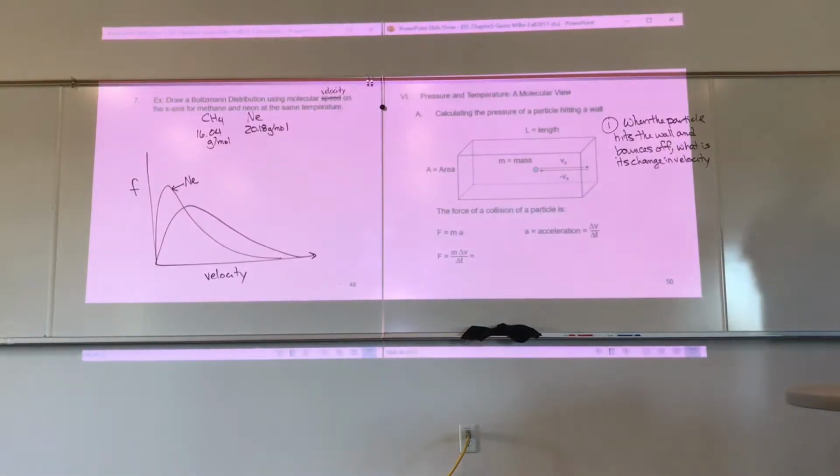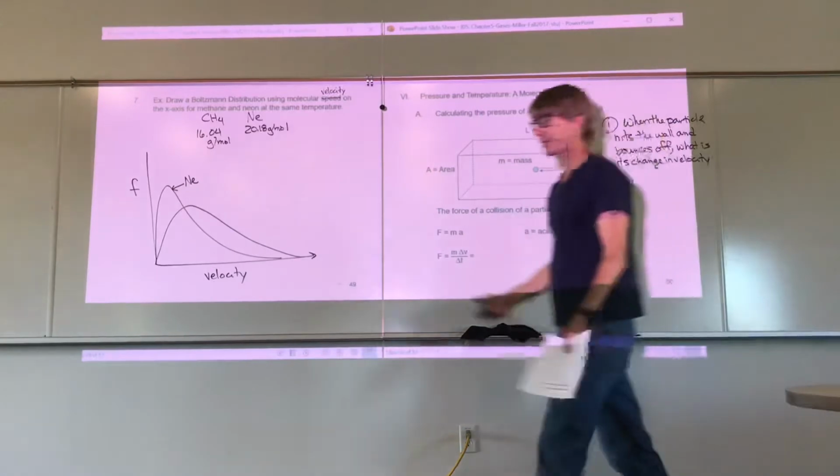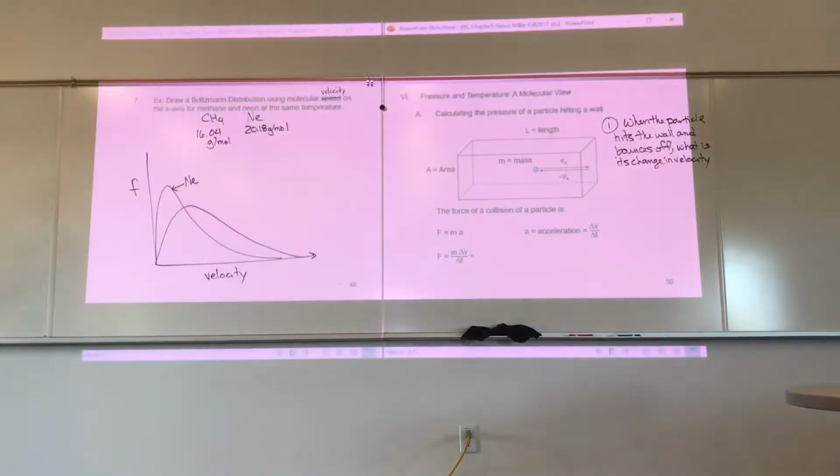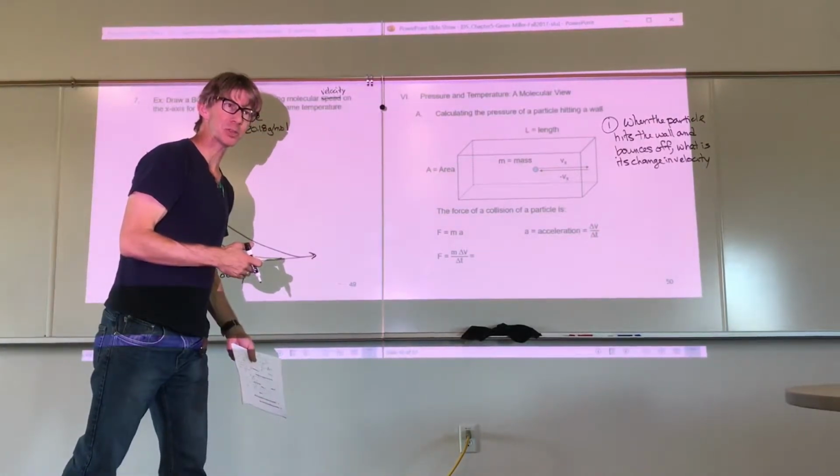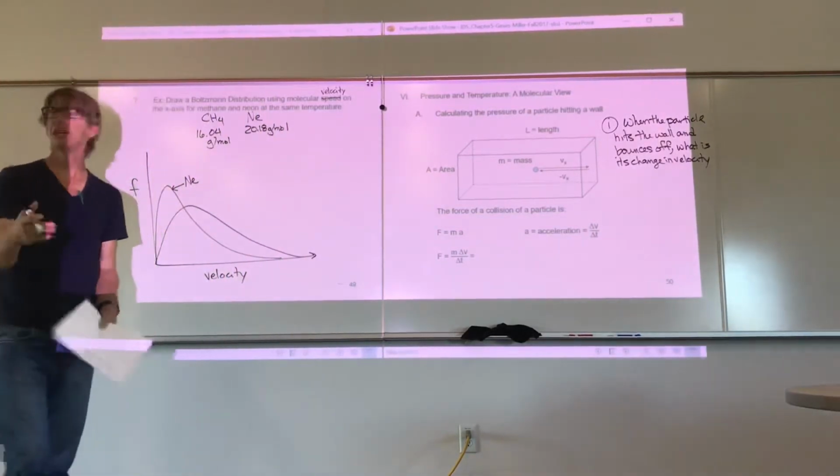And here's where we need velocity and not speed, because the collision's elastic, the wall's not moving, and so when it collides with the wall, if it's moving at 1 meter per second, it is now moving at 1 meter per second, but in the opposite direction. So if you just looked at speed, you would say 0.